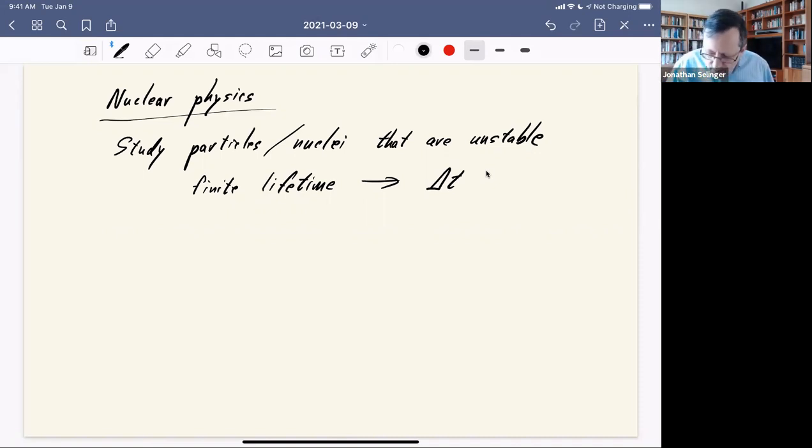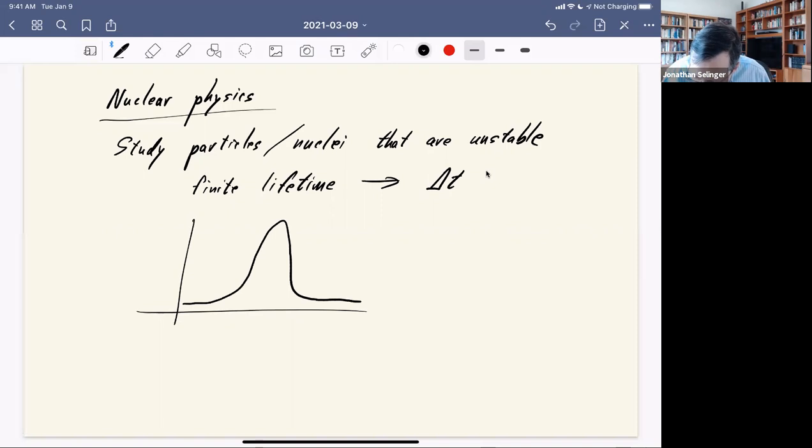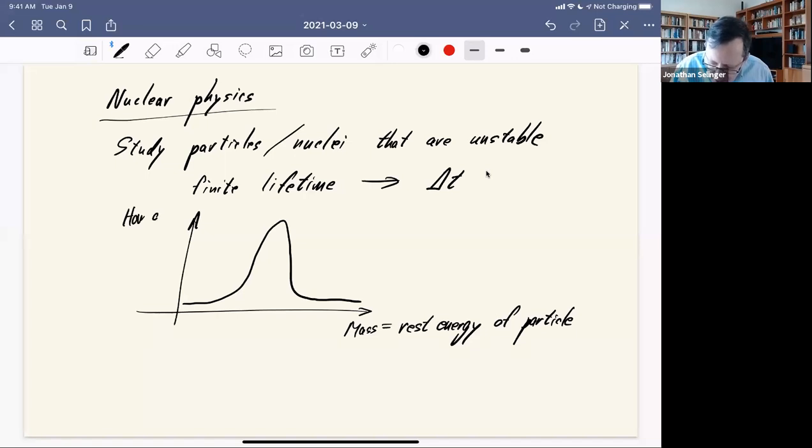They also have a certain distribution of energies. In a nuclear physics paper, you might see a plot like this, where this axis is the mass, or relativistically speaking, the rest energy of the particle, and this axis is how often it's observed.